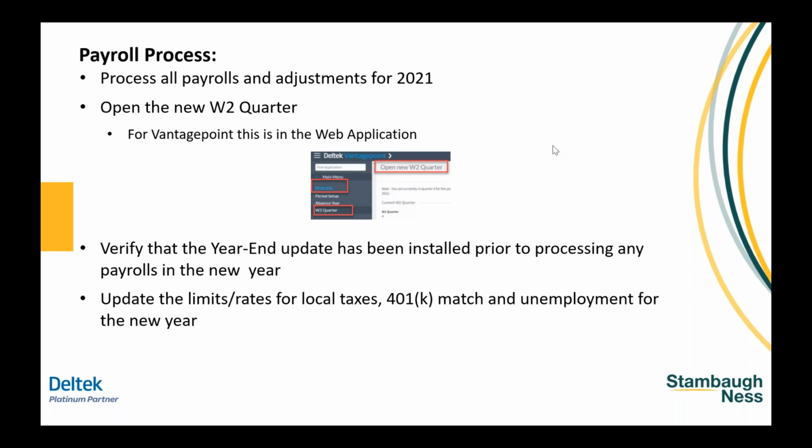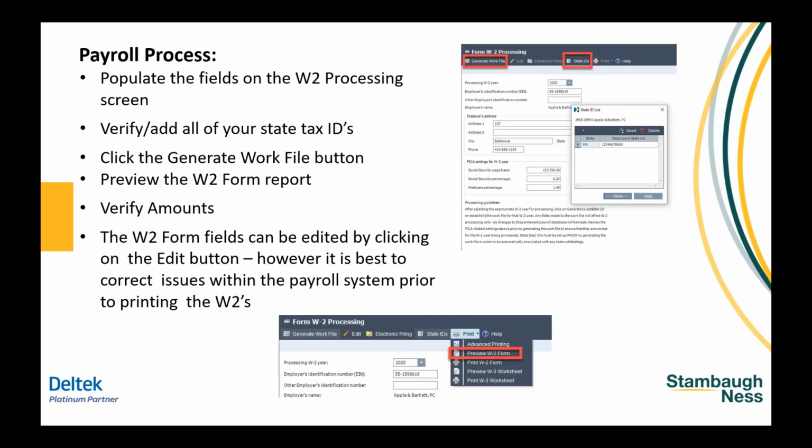It's still under the utilities to open your new W-2. Just like 1099s, we have the option to generate the work file, make some modifications, and preview W-2s and print them.